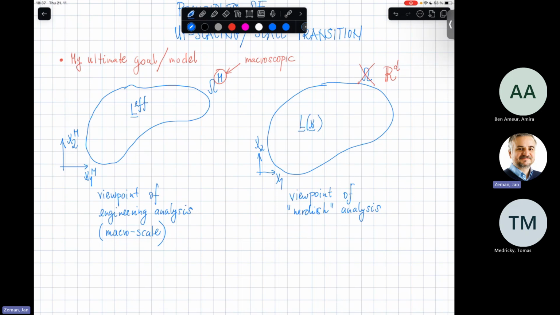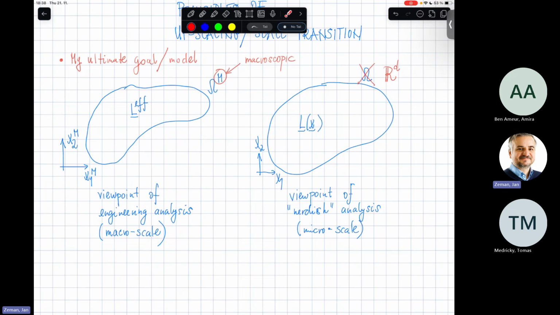So this is the part of analysis in which I will be very much interested in solving this infinite size problem with some distribution of my coefficients, and this is something which is called the micro scale viewpoint, in which I will again have a look deeply into my microstructure, and I would like to try to understand how the basic data I can have about the microstructure can be translated to this L effective.